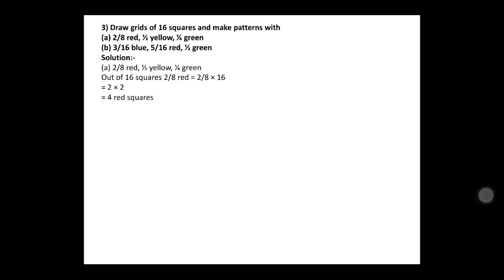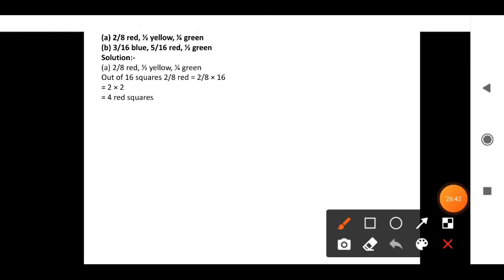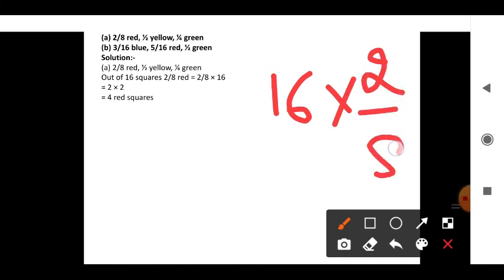Draw a grid of 16 squares and make a pattern with 2 by 8 red, half yellow and 1 by 4th green. And two questions are given. 2 by 8 red. First you have to make a 16 grid. And they are given in fractions. Totally how many grids are there?